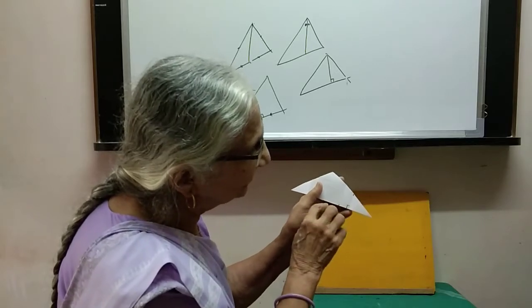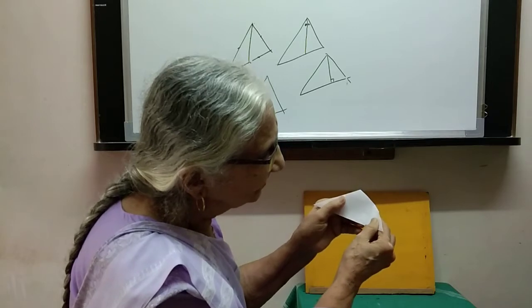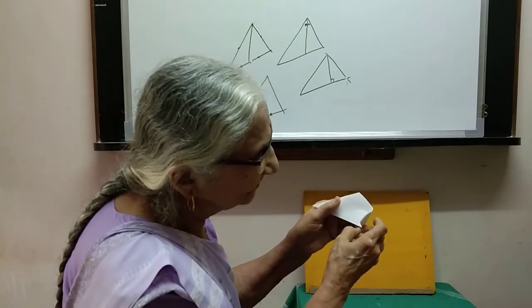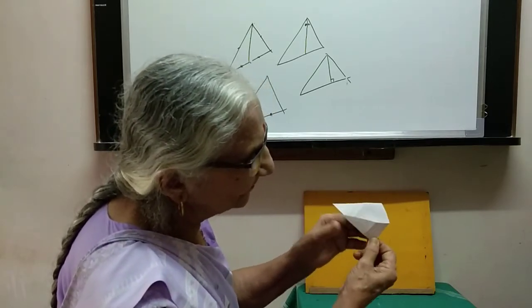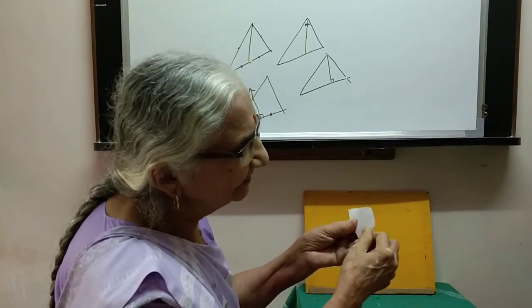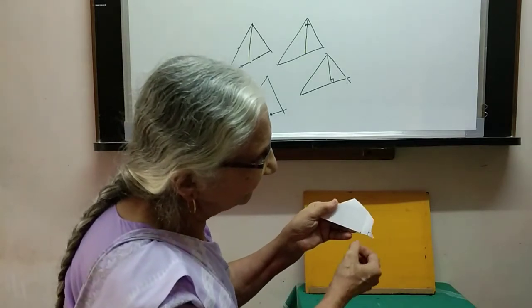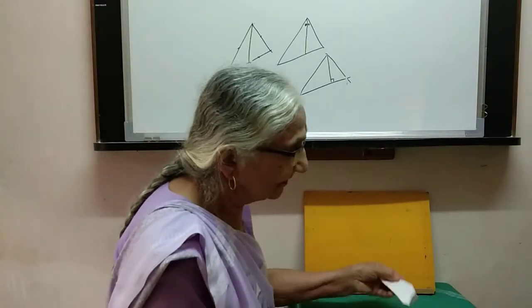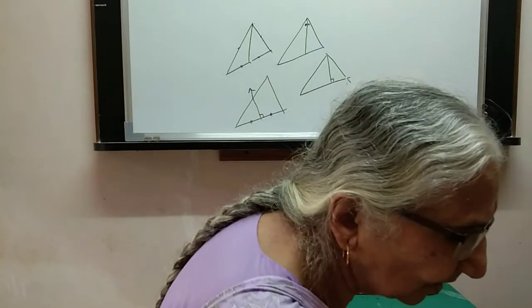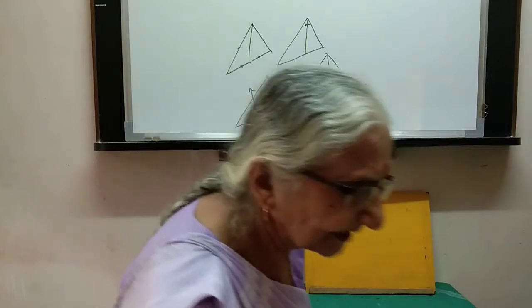Now I take a point on the line, and I want a perpendicular to it. So fold it at this point, same thing again, the two must coincide, and press it. And here is the perpendicular to the line at a point on it. Now that we know how to do it, we check the results for the triangles.